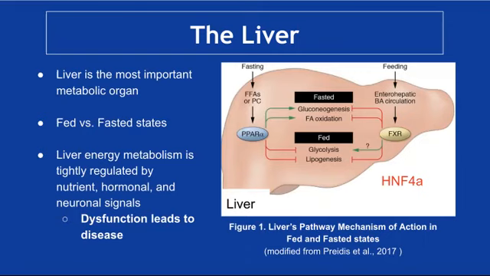I give these examples because it helps you understand how our liver manages fed and fasted states and the medical issues that can arise when these signaling pathways go wrong in the liver. On the bottom of this graphic, you can also see HNF4 alpha. This is known as a master regulator of the liver. It's a transcription factor that I'm highlighting because it has a very major role in regulating all of these processes.